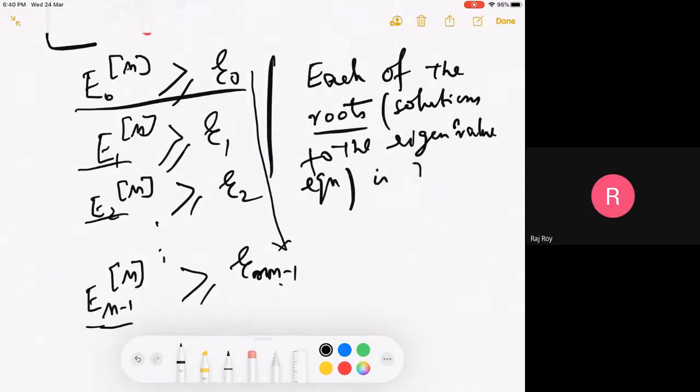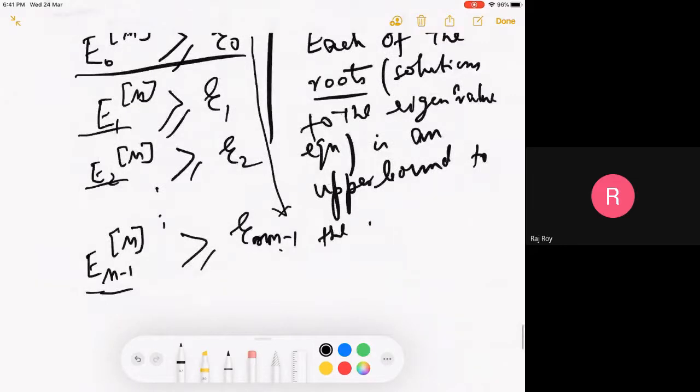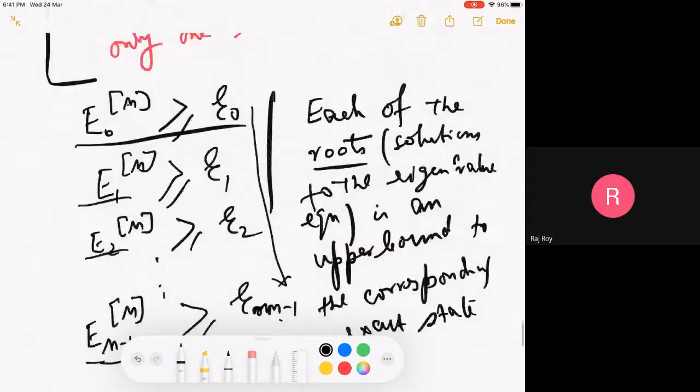Each is an upper bound to the corresponding exact state. So E0, epsilon 0, E1, epsilon 1, E2, epsilon 2.